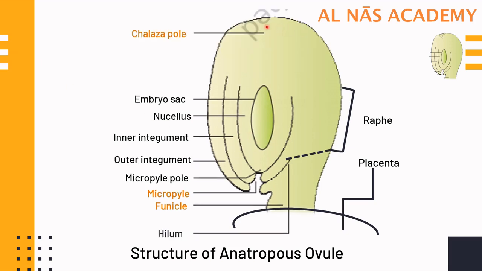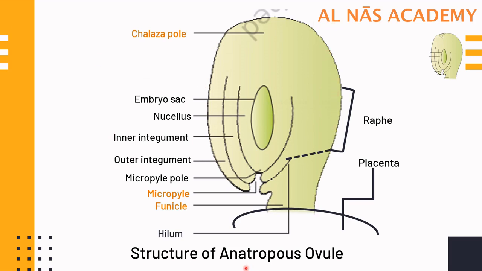The end where the integuments arise is called the chalaza pole or chalazal end, which is just opposite to the micropyle, and each part has a role to play. In most cases, the pollen tube enters through the micropyle, the integuments change into the seed coat, and the entire ovule changes into the seed.